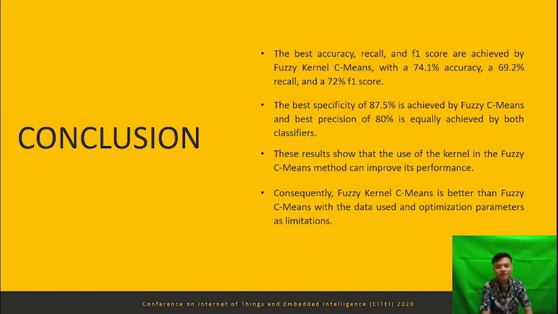And the best specificity of 87.5% is achieved by fuzzy C-means, and the best precision of 80% is equally achieved by both classifiers. These results show that the use of the kernel in the fuzzy C-means method can improve its performance. Consequently, fuzzy kernel C-means is better than fuzzy C-means, with the data used and optimization parameters as limitations.